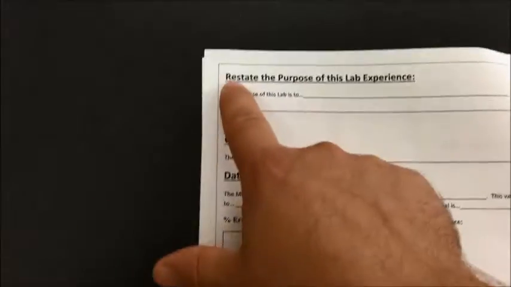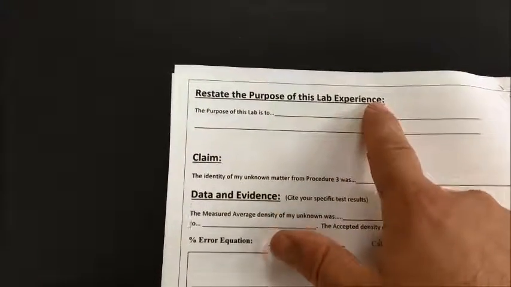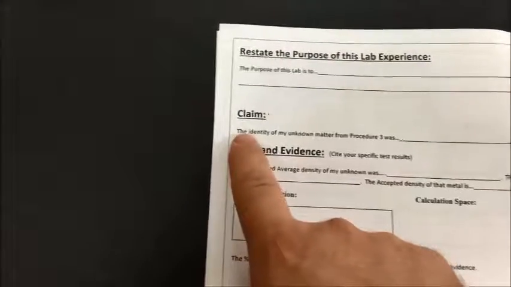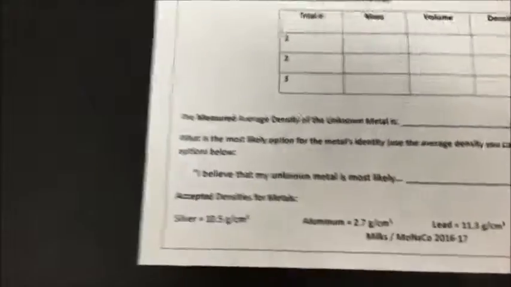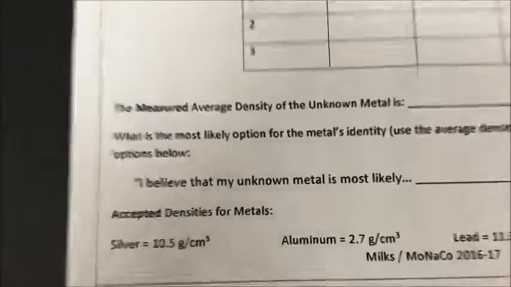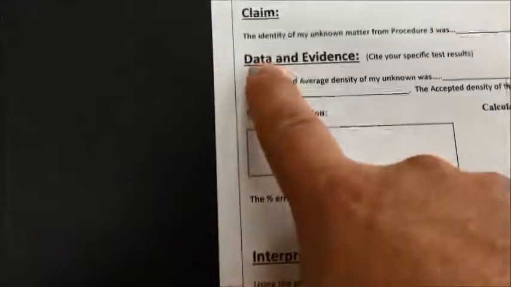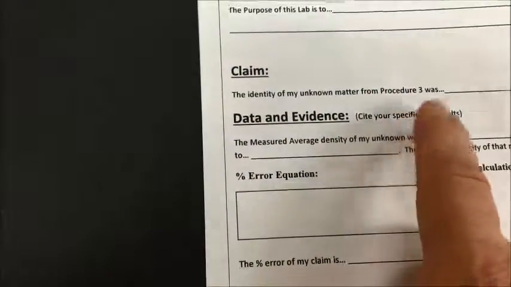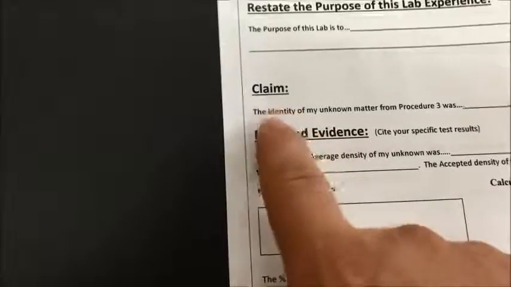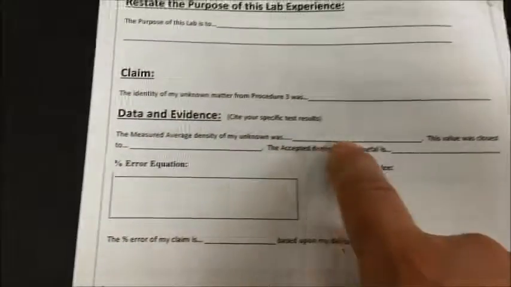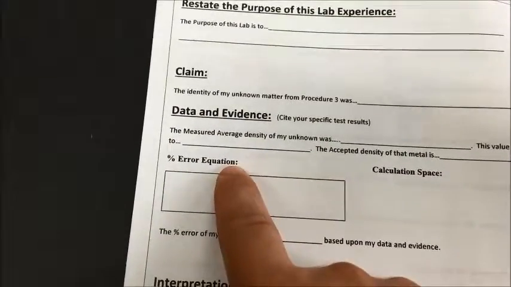The last part, to get full credit for the lab, is to restate the purpose, to make a claim about what the identity of your unknown was. Take the data to cite your specific test results. You've got to support your claim. So measured data, etc. Percent error.